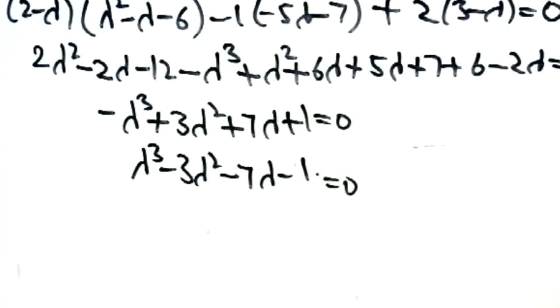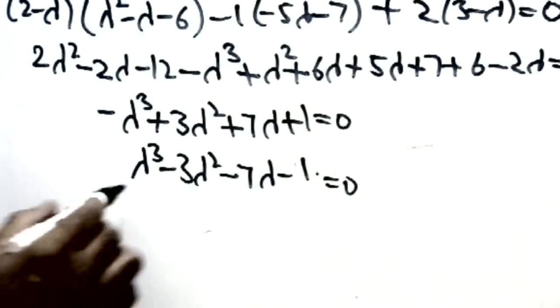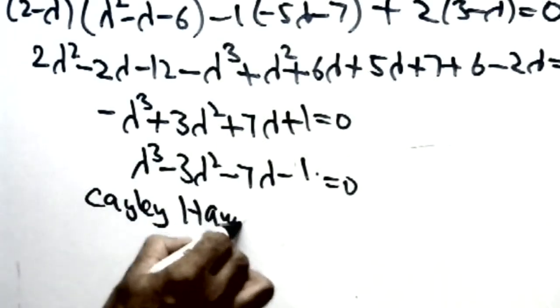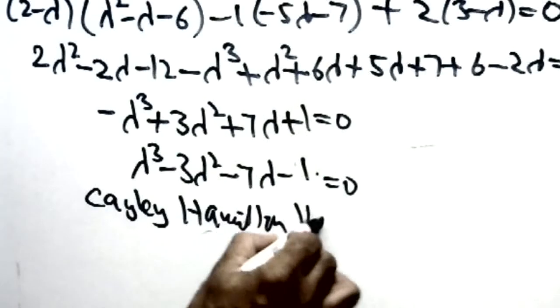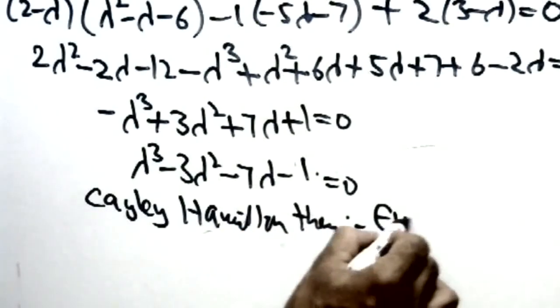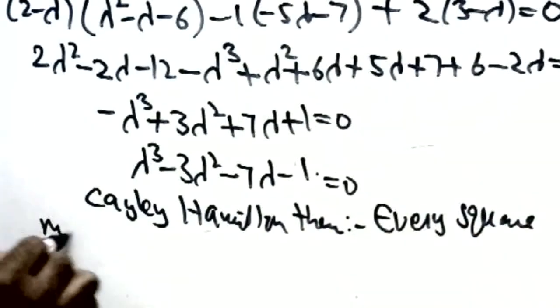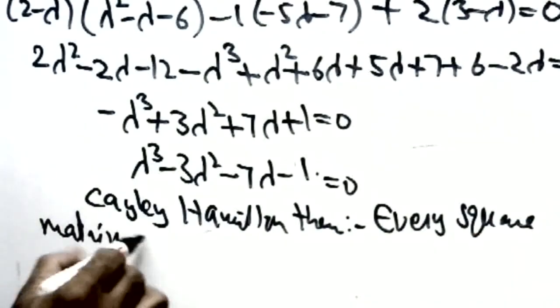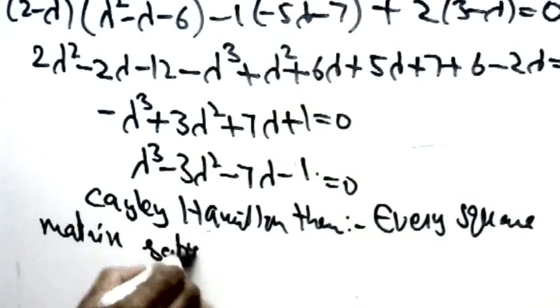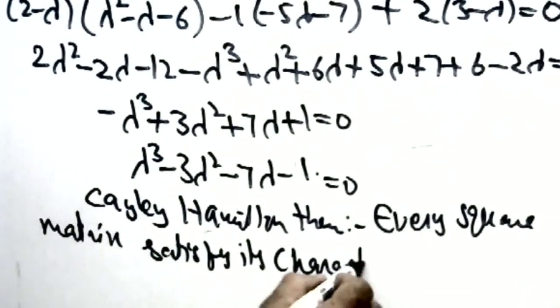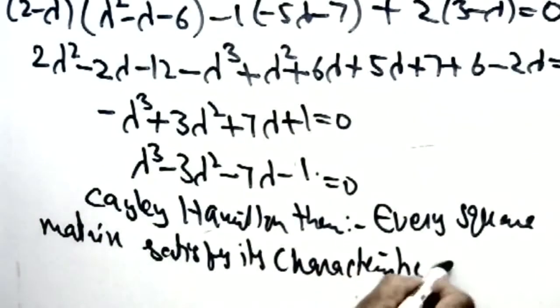So this is the characteristic equation. Now we apply the Cayley-Hamilton theorem. First let me write what the Cayley-Hamilton theorem is. Cayley-Hamilton theorem says every square matrix satisfies its characteristic equation.